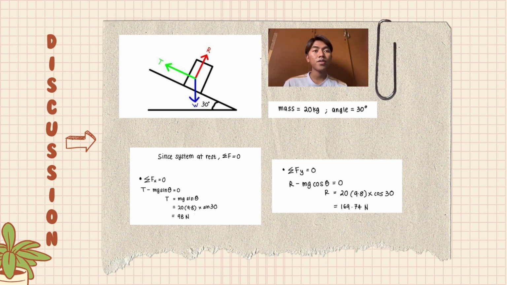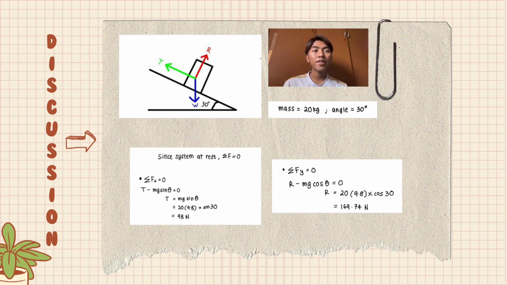First, we need to find the tensional force T. So, T minus mg sin theta equals 0. We change the position, so T equals mg sin theta. We put the value into the formula. So, 20 times 9.8 times sin 30, we got 98 Newton.